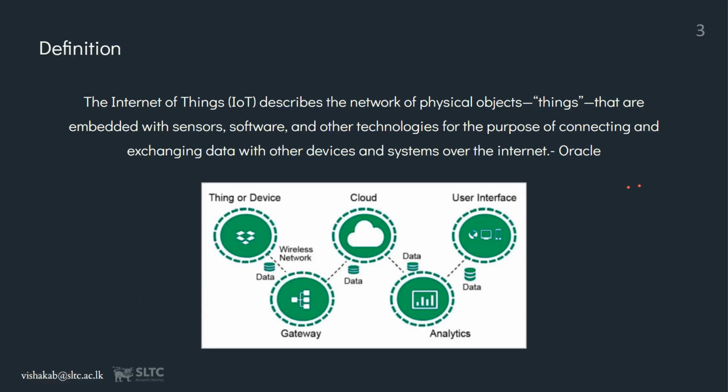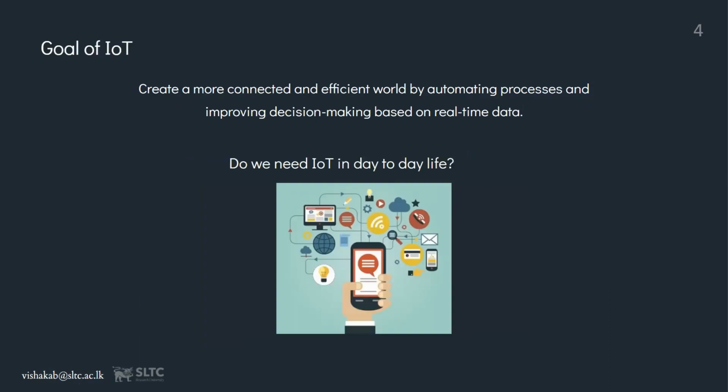So the goal of IoT is to create a more connected and efficient world by automating processes and improving decision making based on real-time data. Basically, with IoT, we hope to achieve automated processes.